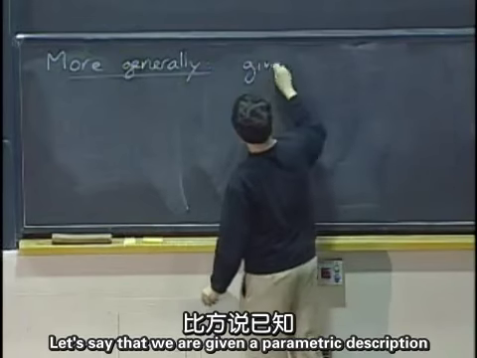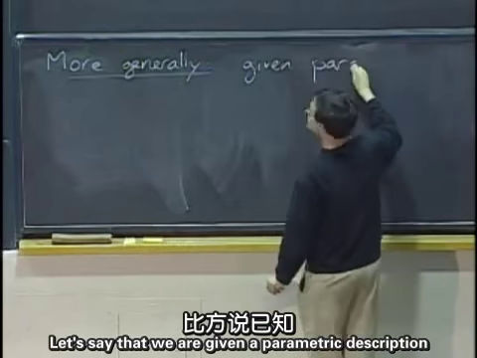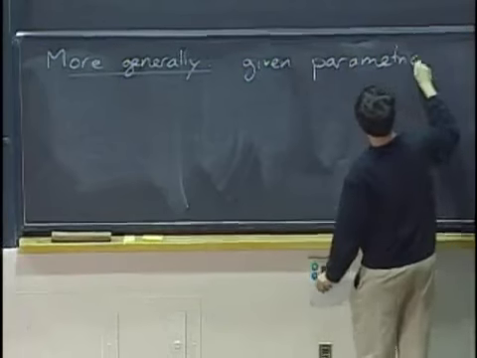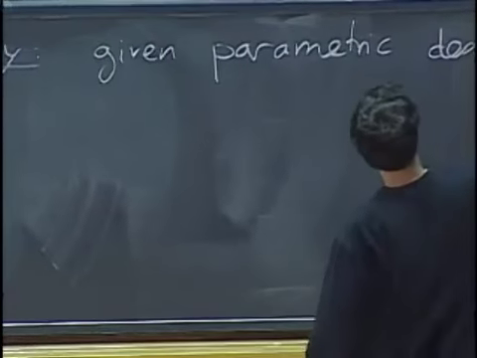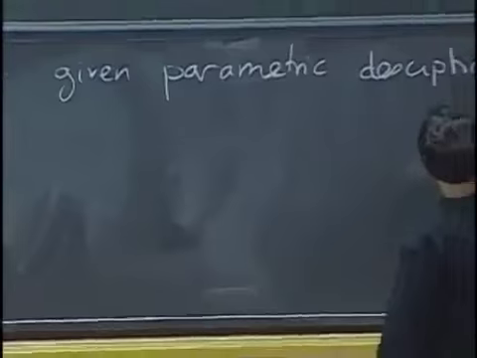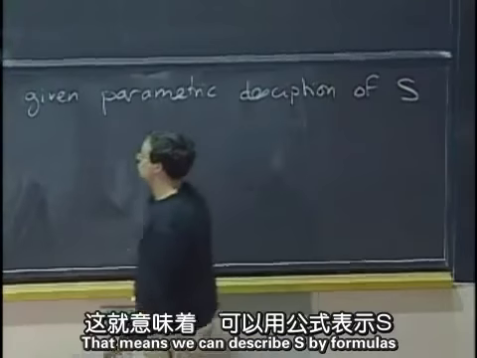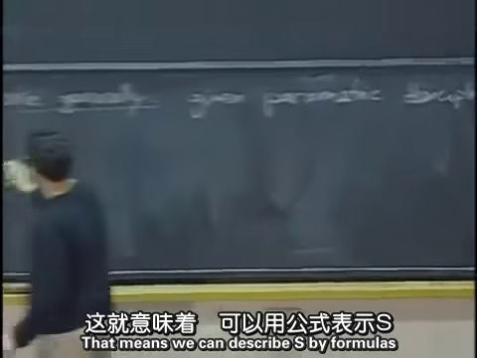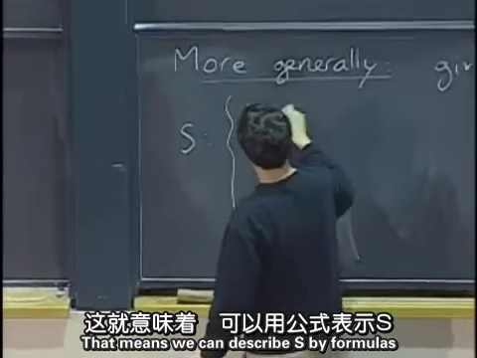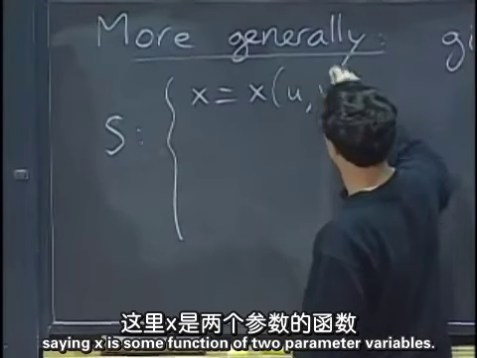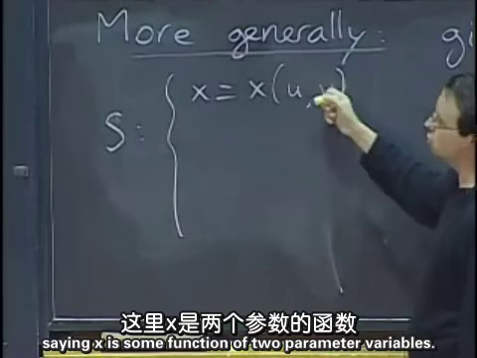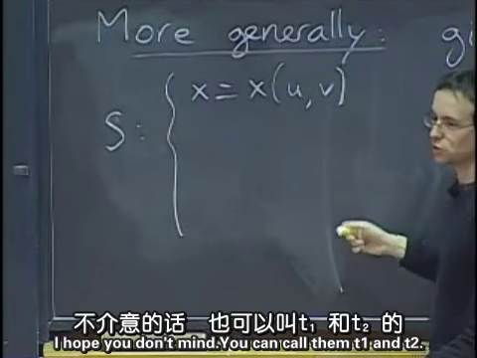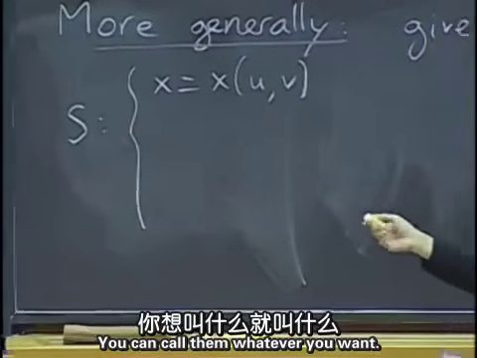So let's say that we are given a parametric description of a surface S. That means we can describe S by formulas saying x is some function of two parameter variables. I'm going to call them u and v. Hope you don't mind. You can call them t1 and t2, whatever you want.